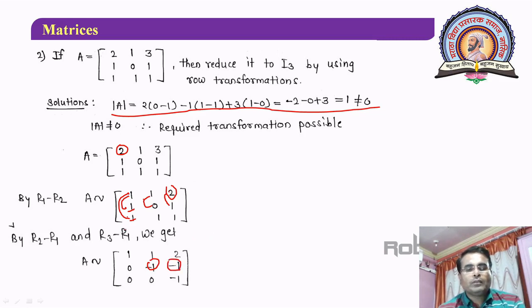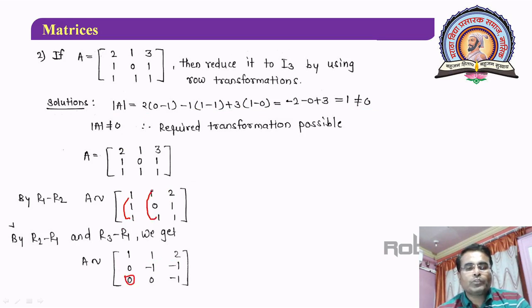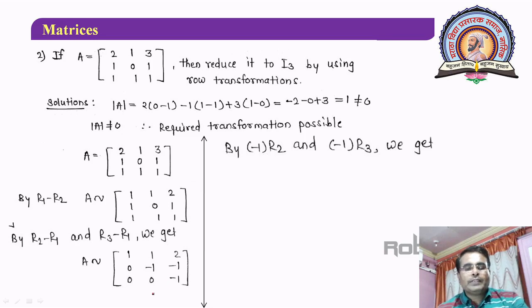And whenever we consider R3 minus R1, then we will observe that here 1 minus 1, that gives 0 here, then 1 minus 1, that gives 0 here, and 1 minus 2, that gives minus 1 here. In this way you have obtained second and third row of the next resultant. Then next step is to reduce this element to plus 1, and that can be done by considering minus 1 times R2.